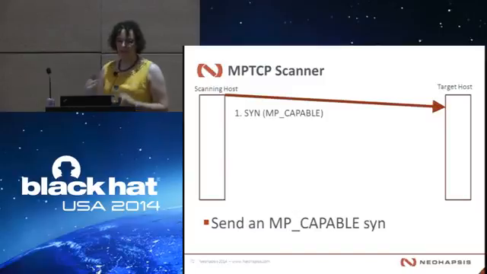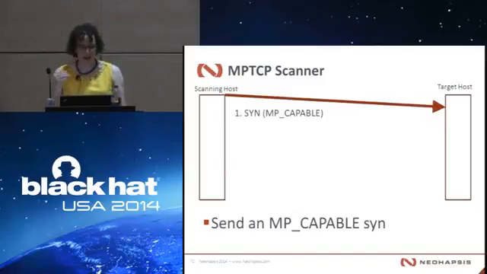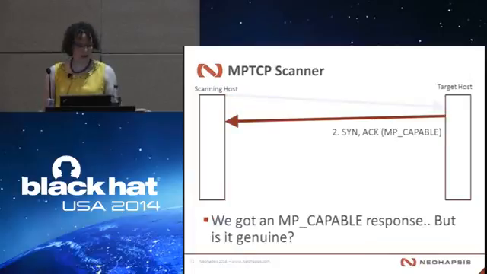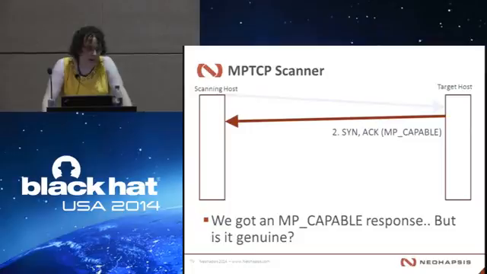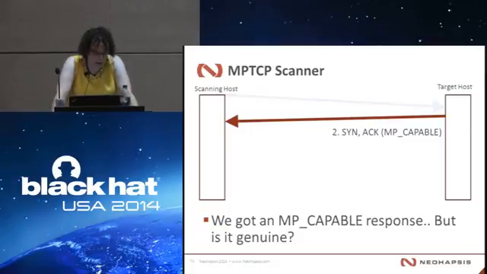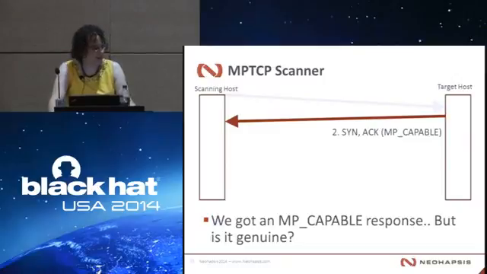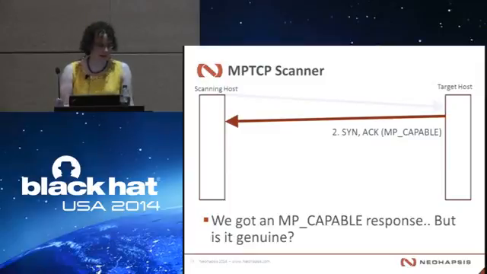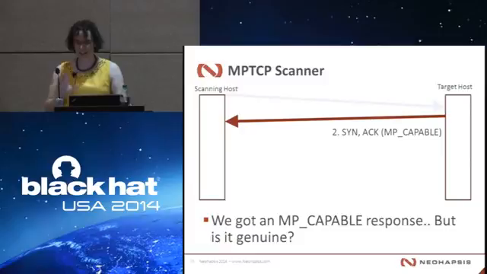That MP_JOIN verification I was talking about: if we do a SYN saying we're capable, and if the server replies and says, sure, I take that, you might think that was genuine. Unfortunately, there are quite a few systems, particularly I think China's Great Firewall, that just echo the options back at you. It sends them straight back. And if you're not careful, you'll think things support multipath that do not.